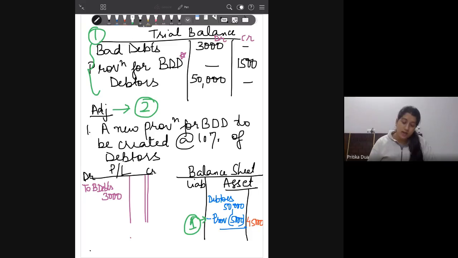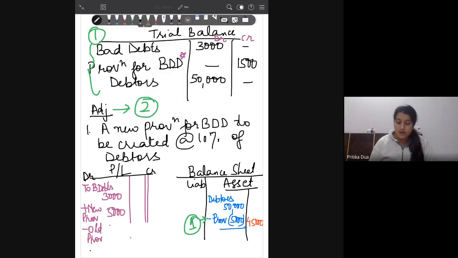I move back to the profit and loss account. There you wrote bad debts 3000 plus new provision. New provision is added and old provision is subtracted to get the final amount to be debited in the P&L account.